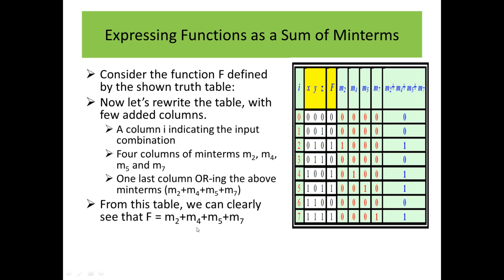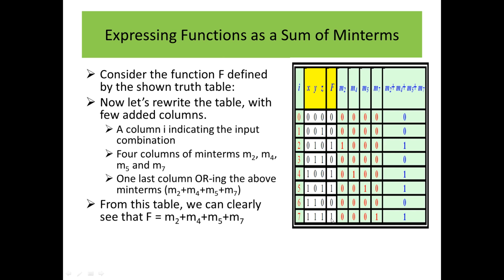Why have I written only these minterms? Because you can see f is equal to 1 for this particular row, that is m2, 0 1 0, x bar, y, z bar. Next, you can check m4 for the 1 0 0 row combination, it is 1. So m4. Next, for 5, 1 0 1, it is 1. So m5.